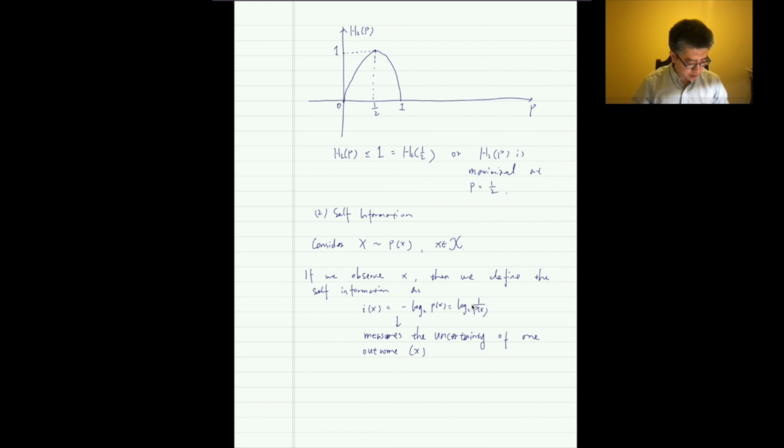Now if we write small i but put capital X in the parentheses, it basically means that we turn from this one outcome to the random variable. So this would be a function of capital X, which is a random variable.